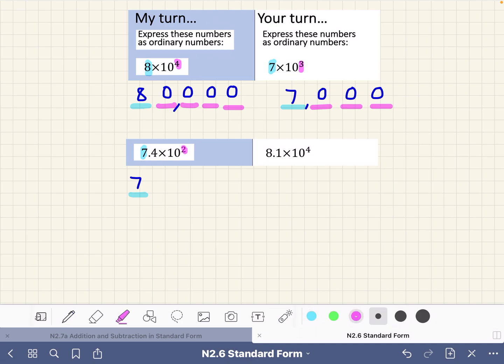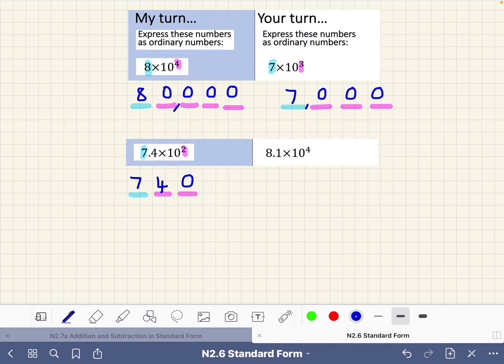We have a power of 2, which means we have 2 spaces after our first number. We have another non-zero number here of 4, which means 4 takes up one of those spaces. The remaining space is filled with a 0. That means that 7.4 times 10 to the power of 2 is the same as 740.